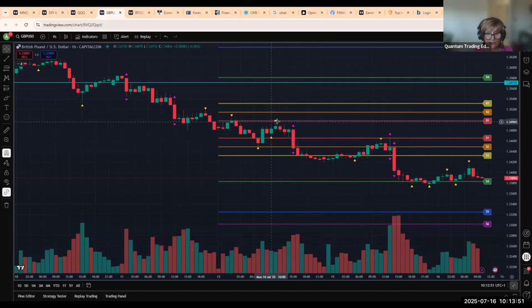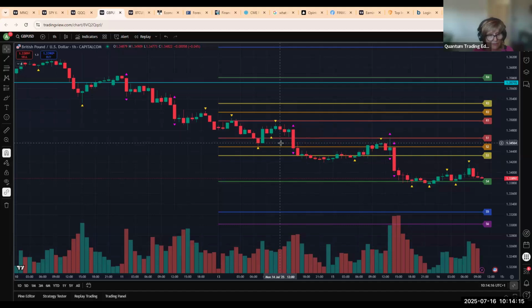And we also looked at how the pivots help us to mark out the beginning and development of a congestion zone and the end of a congestion zone. We have one here, but they actually coincide with the top and bottom of the R1 and the S1.